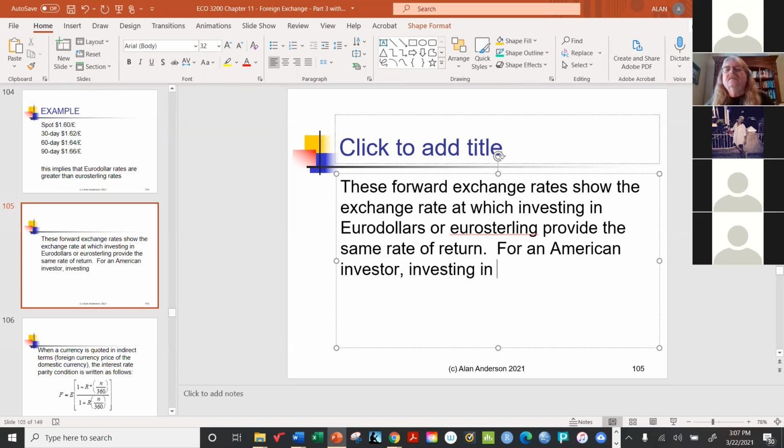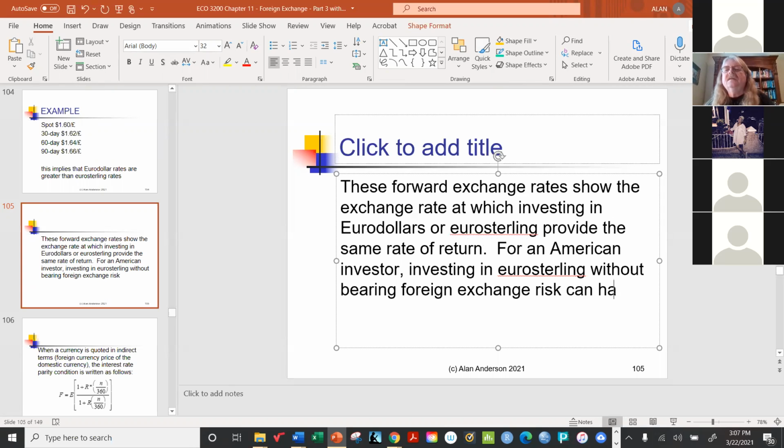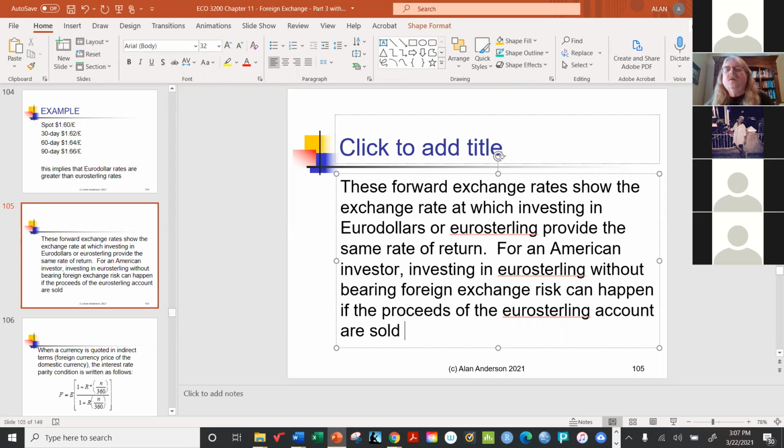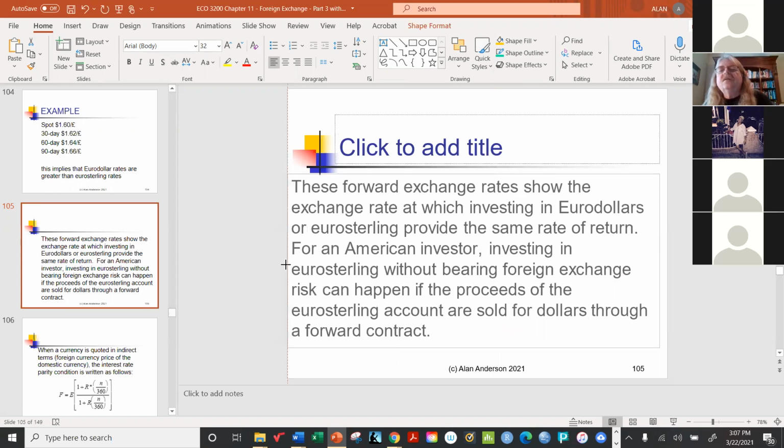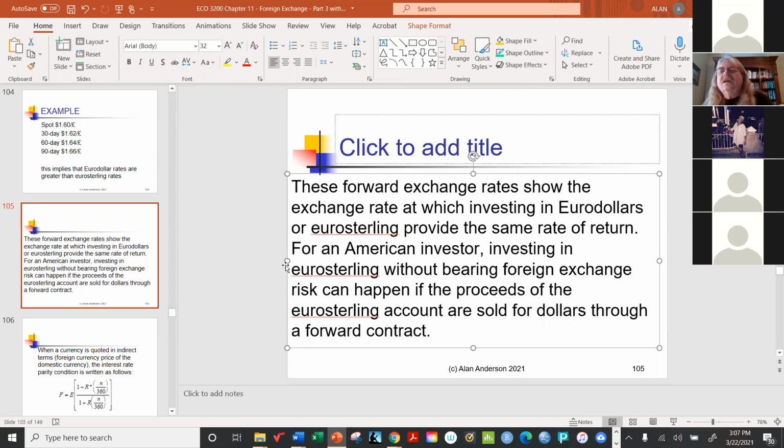Investing in Euro sterling without bearing foreign exchange risk can happen only if the proceeds of the Euro sterling account are sold for dollars through a forward contract. Okay, so that's why that forward exchange rate is related to the respective Euro currency rates, because it is the only rate at which the returns are equal after we hedge our risk in the foreign currency.